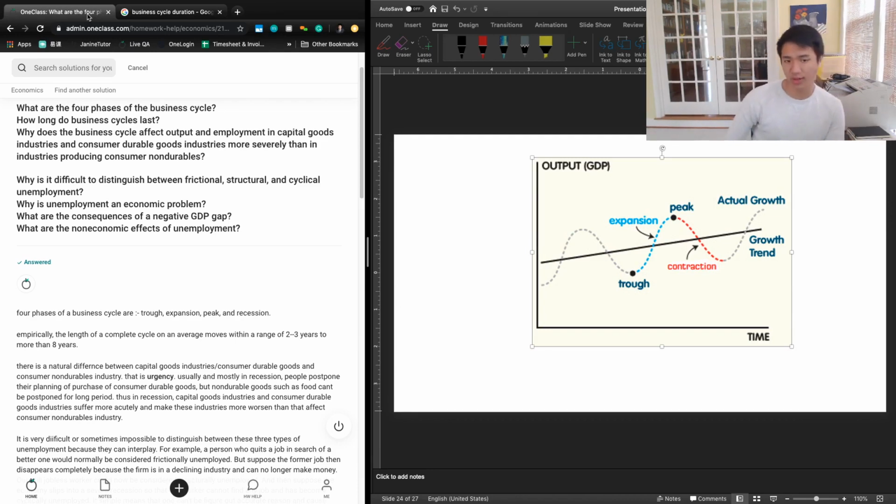You might have already purchased them at a previous point in time, and because they last long periods of time, you're not in the market to purchase those goods anymore, especially if they're expensive now. You can delay your purchasing until a time in which you have more money, during expansion or a peak portion of the business cycle.